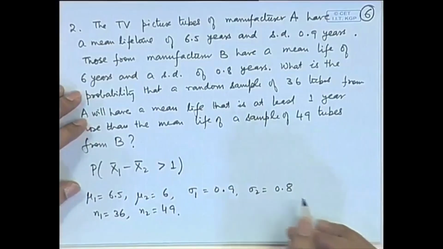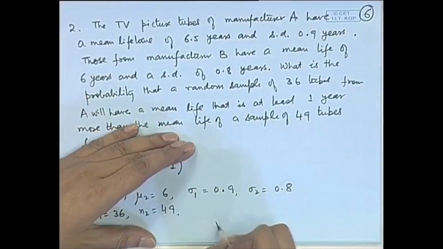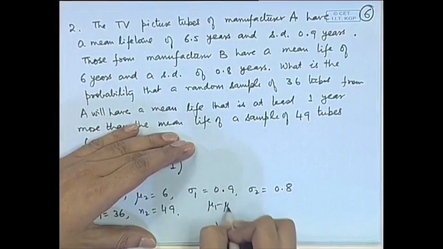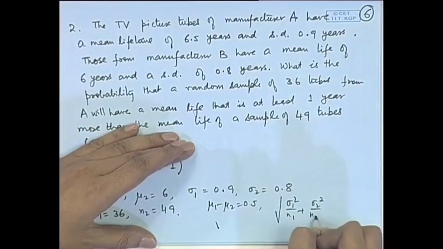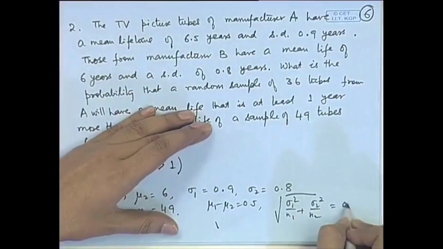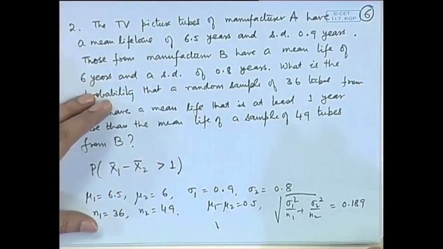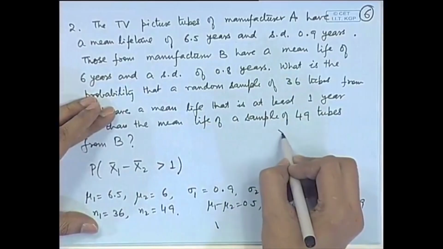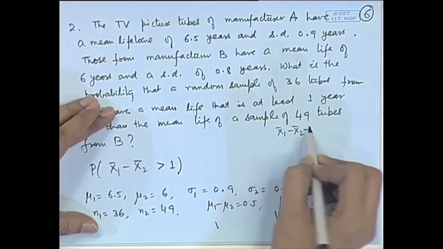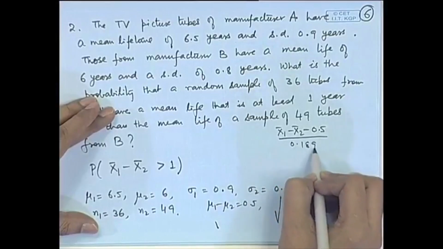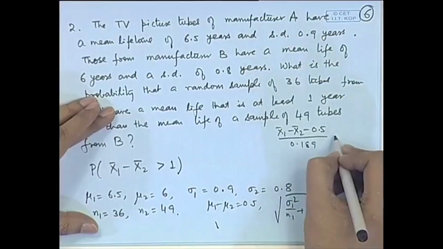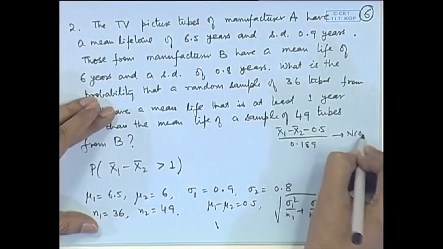So, if we calculate mu 1 minus mu 2, that is 0.5, and the square root of sigma 1 square by n 1 plus sigma 2 square by n 2, that is equal to 0.189. So, X 1 bar minus X 2 bar minus 0.5 divided by 0.189 is approximately normal distribution.